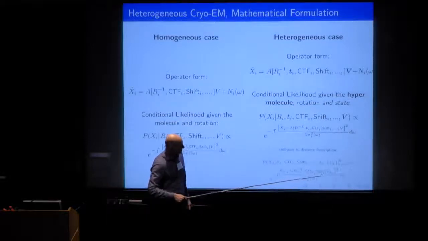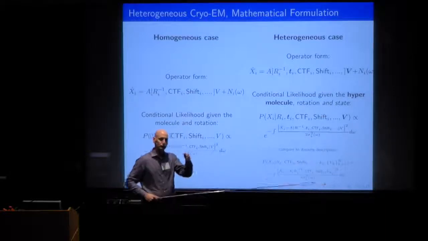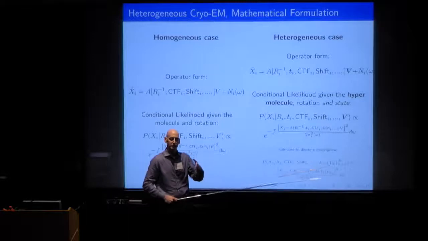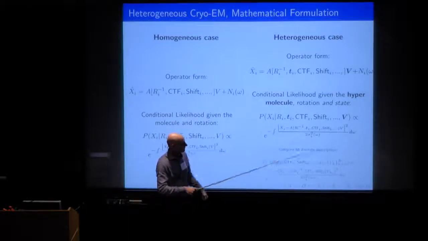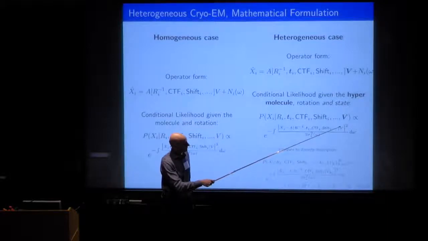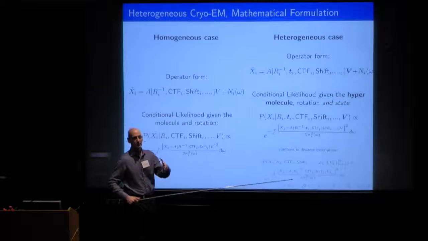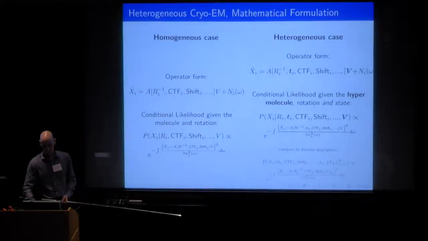And if you compare this to the discrete case, it takes a very similar form to what we did here, which was to choose one of the discrete volumes. But what's hiding behind this is the fact that this hypervolume enforces these relationships between the different states. And that can be very informative.